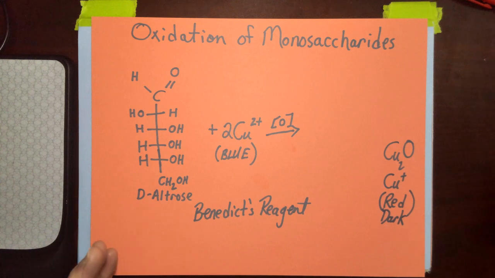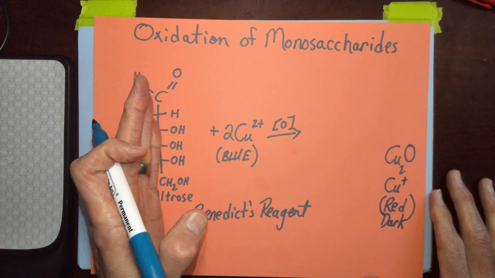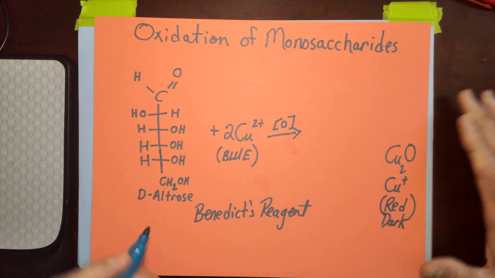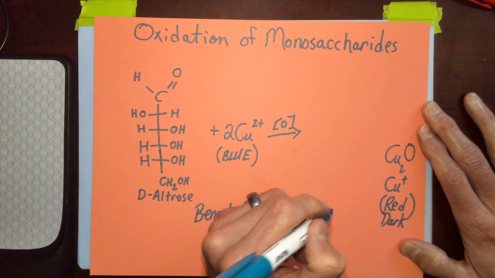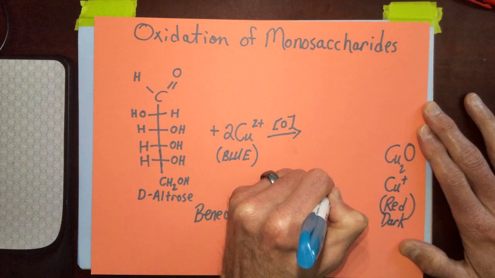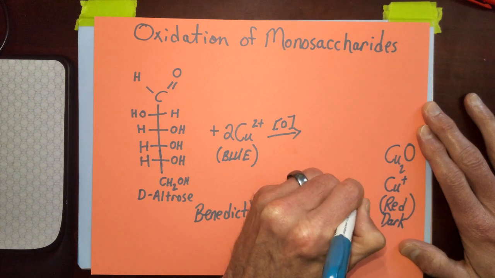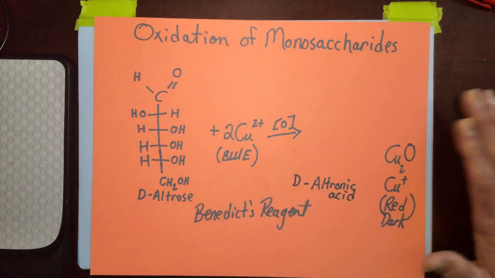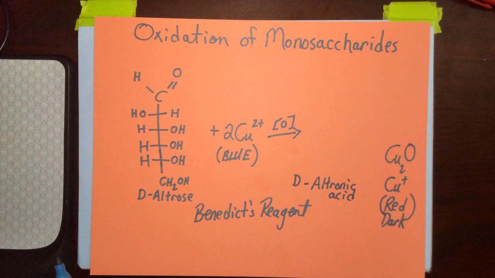And it takes that sugar and changes it into a carboxylic acid. Now, when it gets changed into a carboxylic acid, we have to change the name of it. So instead of being an aldose, it will be an aldonic acid, and it will still have the D configuration.